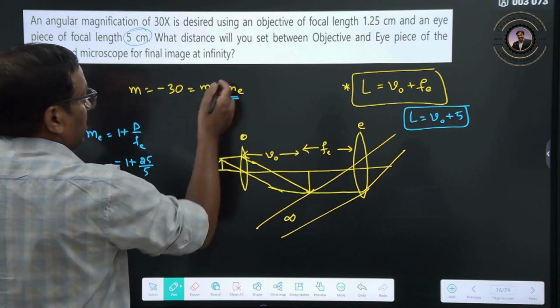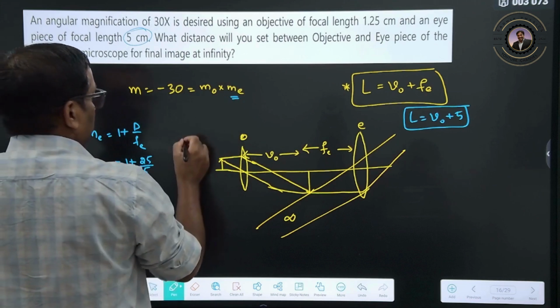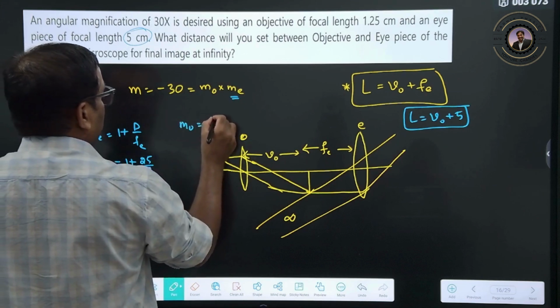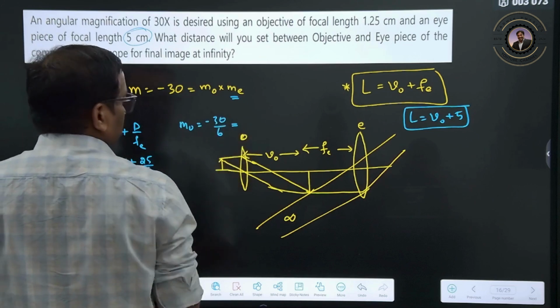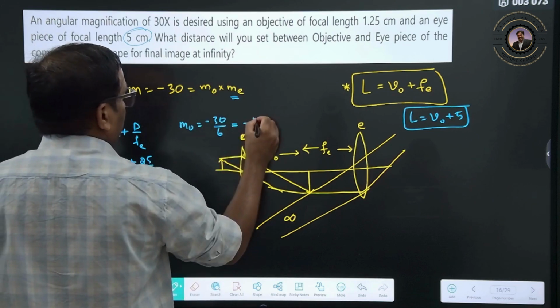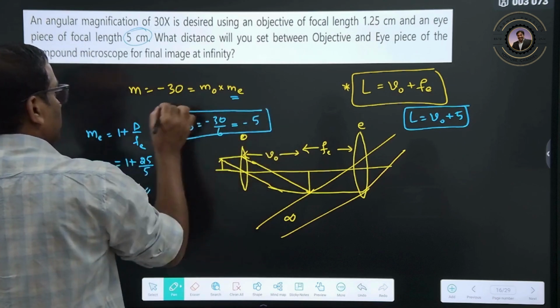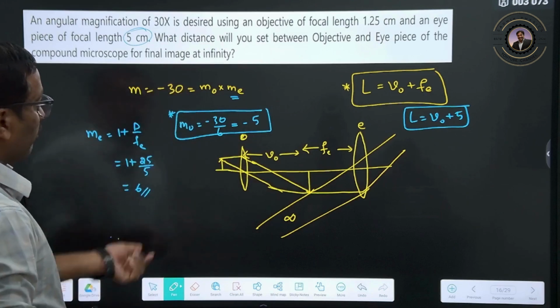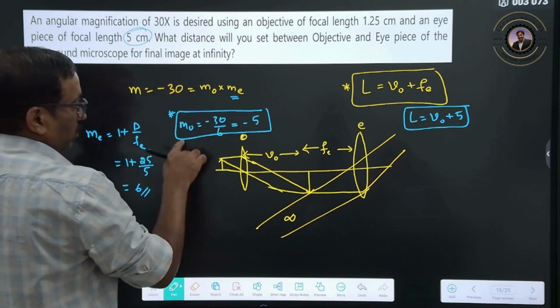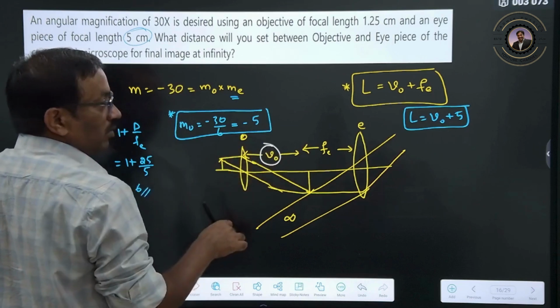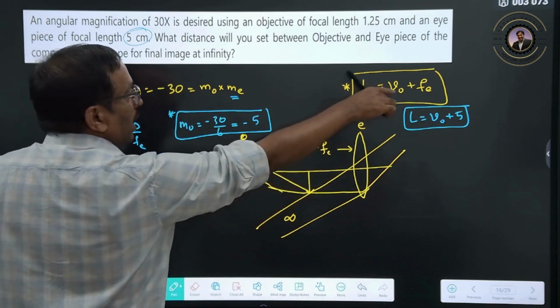So the magnification of the eyepiece will be 6. So MO can be written as minus 30 by 6, therefore minus 5. Clear? So we want to calculate VO now.